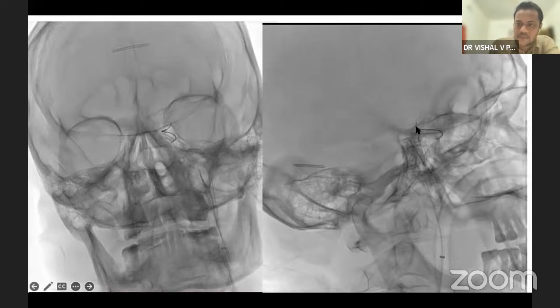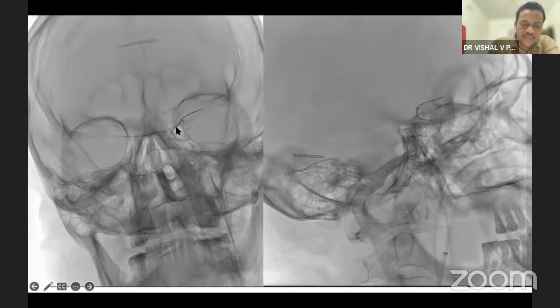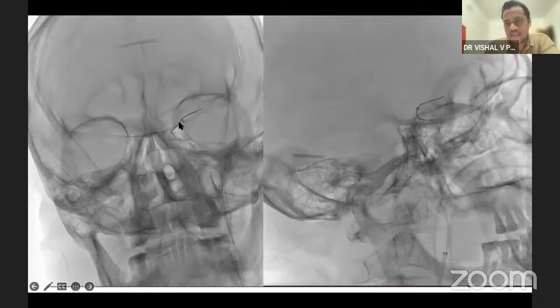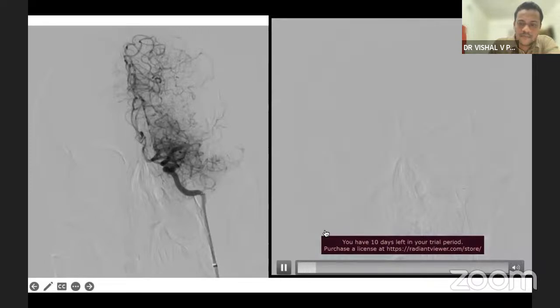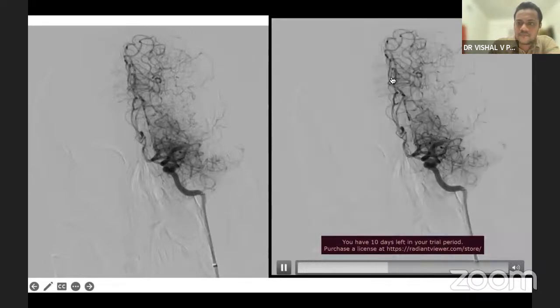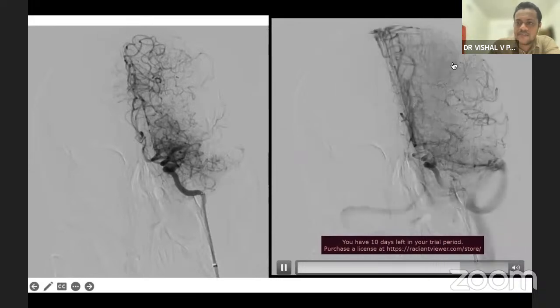After negotiating with the microcatheter and microwire, we were able to take the React up to the terminal ICA, and we tried aspiration alone, the ADAPT technique, and we got the opening of the distal ICA, and the ACA and the proximal part of the M1 flow was attained. The distal M1 was still occluded, but there is collateral spilling from the ACA to the MCA territory. We can clearly see here.